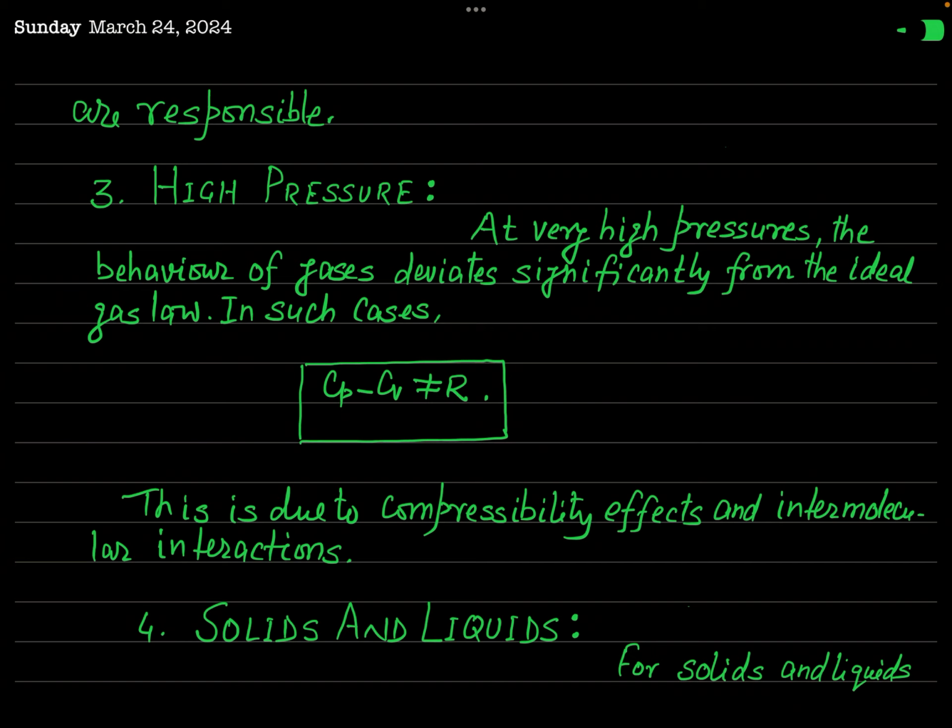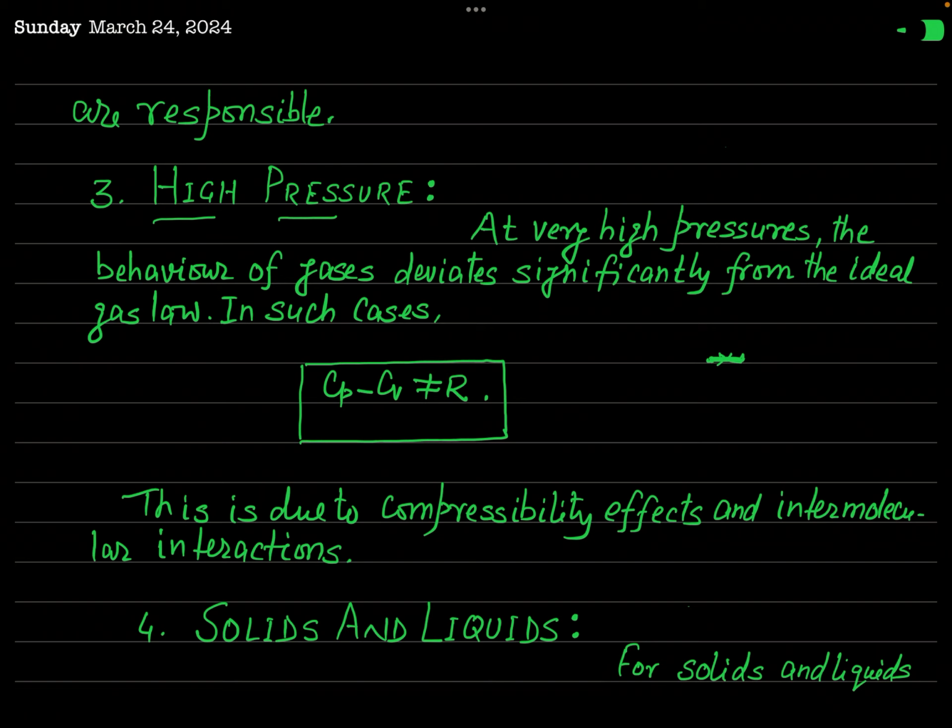Now, if we consider a gas which is at high pressure, then the intermolecular separation decreases and intermolecular force becomes very effective. It becomes significant.